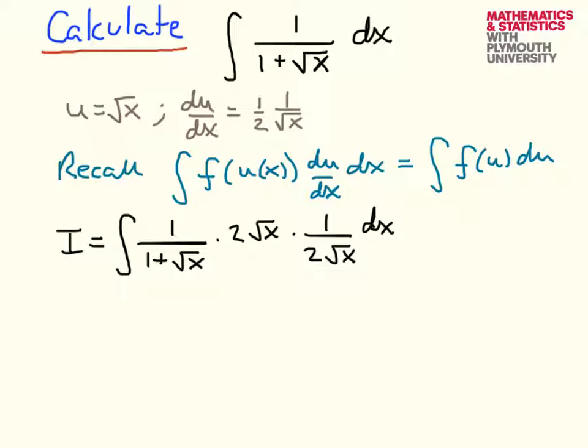So all we've done is we've taken this and rewritten it in this way with this factor of 1. And we've chosen this particular way of writing 1 because this factor is du dx.